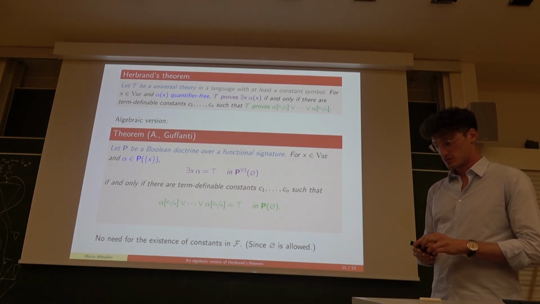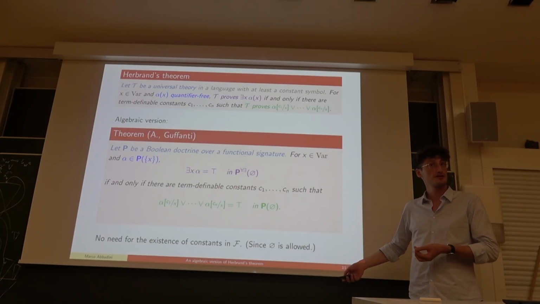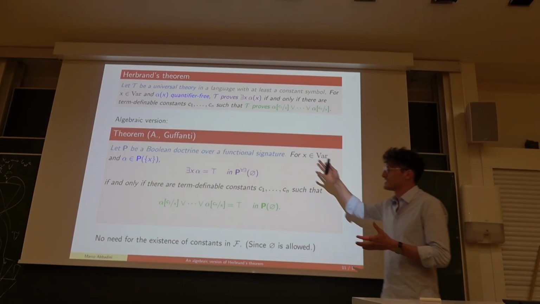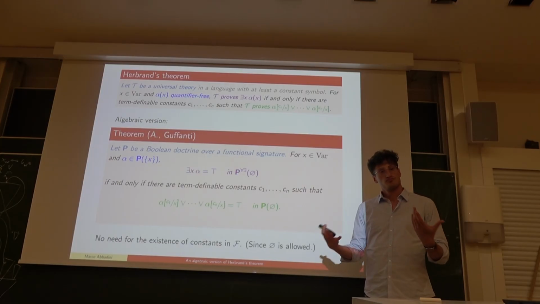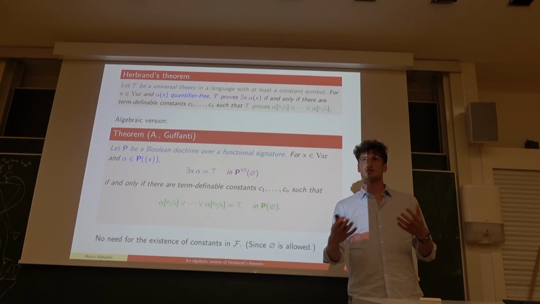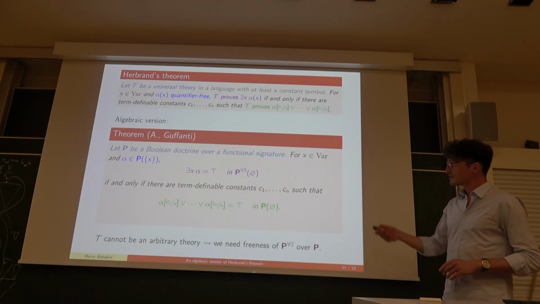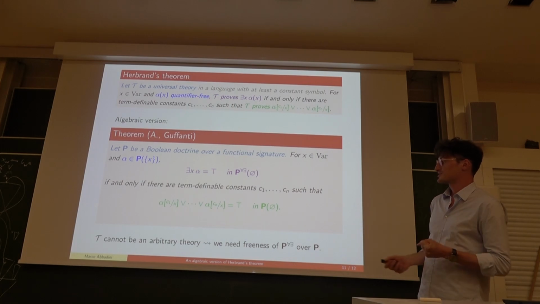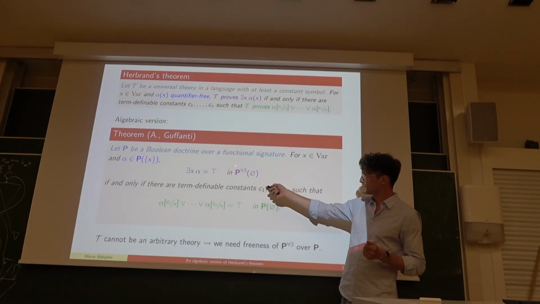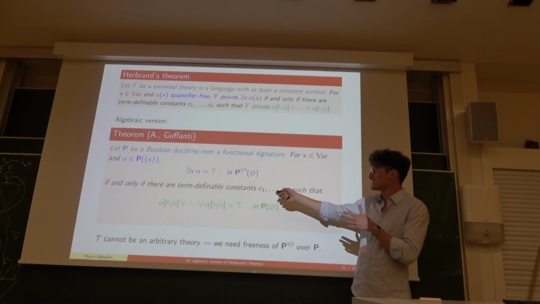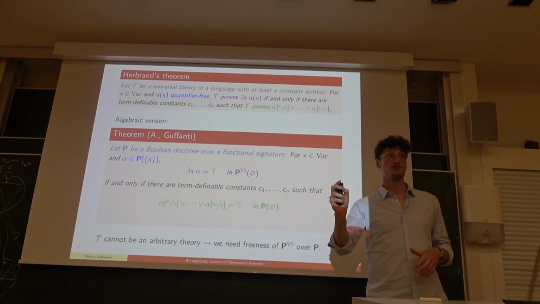Okay, so just two small remarks. We don't need existence of constants in F, essentially because the logic of first order Boolean doctrines does not exclude the empty set in their semantics. And moreover, here T cannot be a general arbitrary theory, and this corresponds to the fact that this first order Boolean doctrine cannot be just any first order Boolean doctrine extending P, but it has to be the free one.